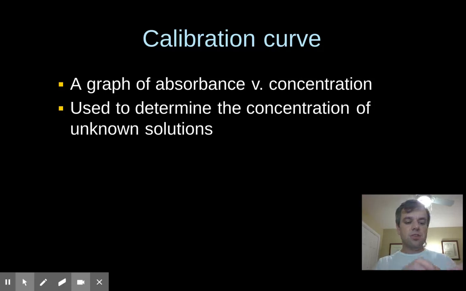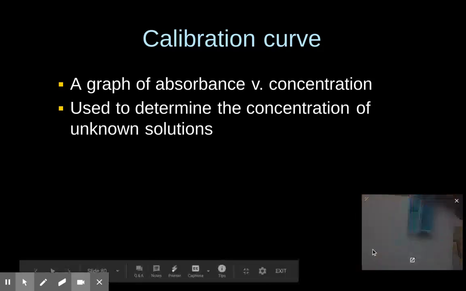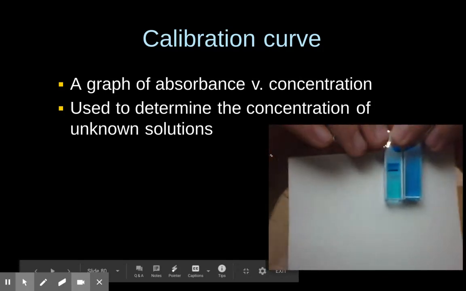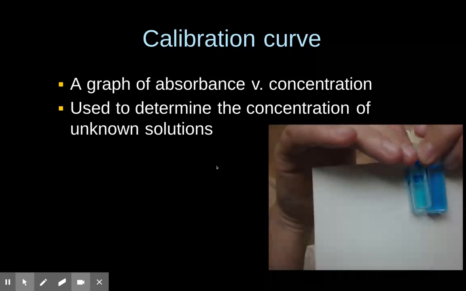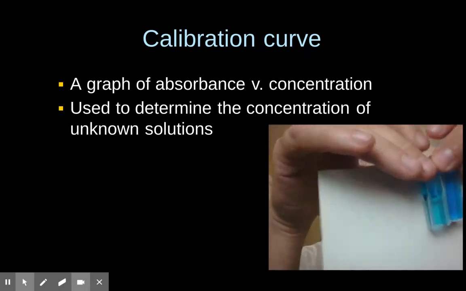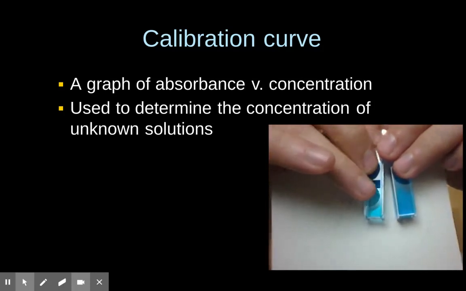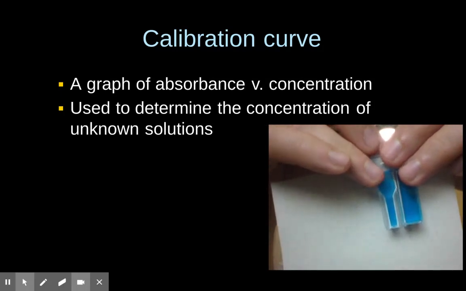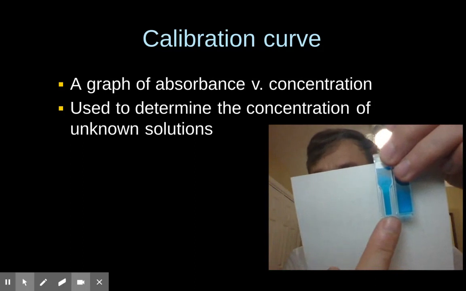Now I do want to show you, I have a second cuvette here. I don't know how well this is going to show up for you. Let me make this a little bigger. This cuvette over here, you may notice that in the bottom half of the cuvette, the solution appears to be significantly lighter in color. And that's because it has a path length down here at the bottom that's only half a centimeter.